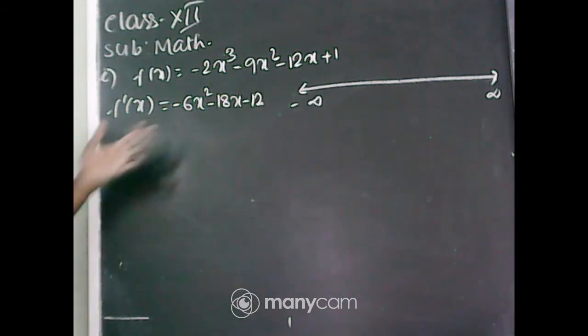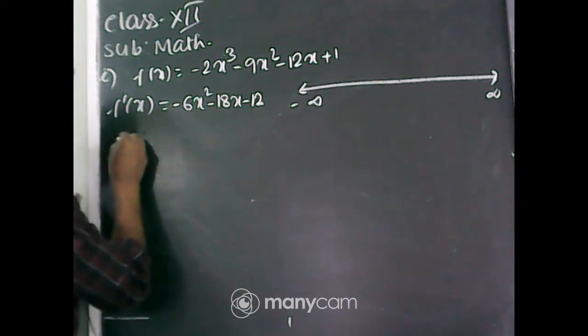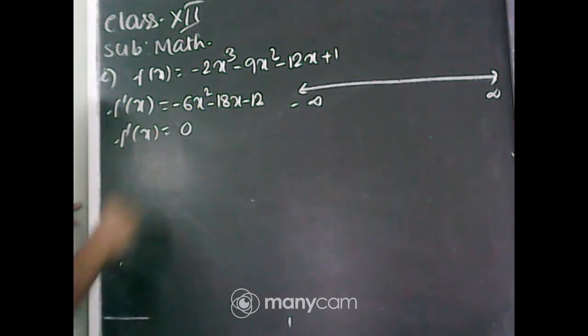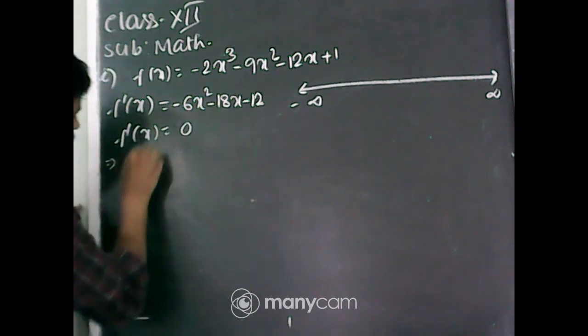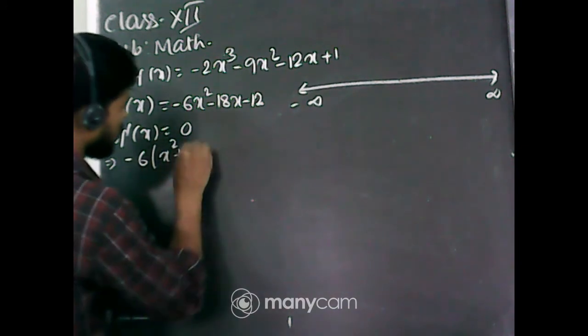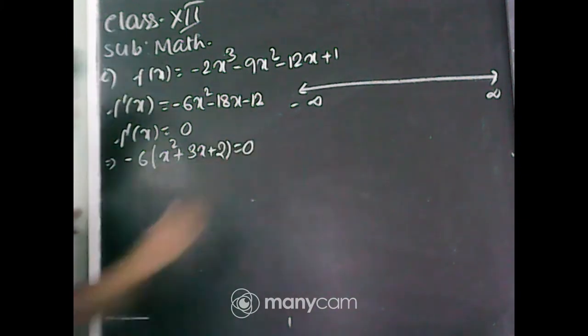Now from here find out the critical point. Okay, so the critical point is given by f'(x) is equal to 0, means minus 6 into x square plus 3x plus 2 is equal to 0.